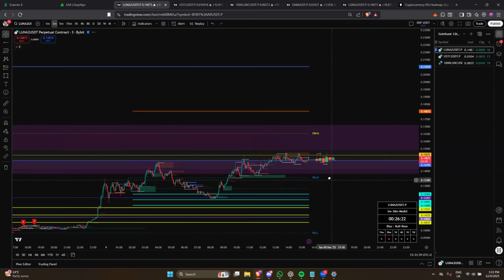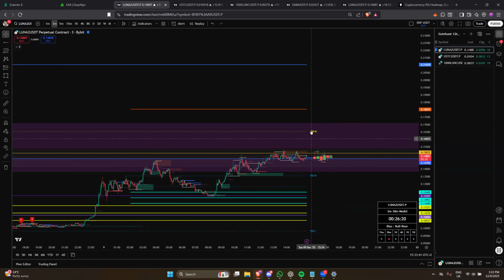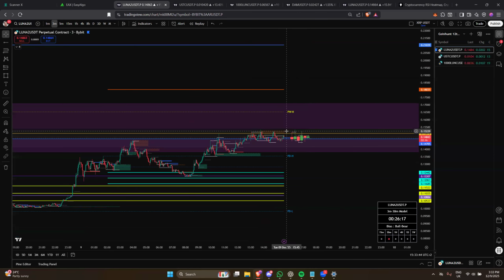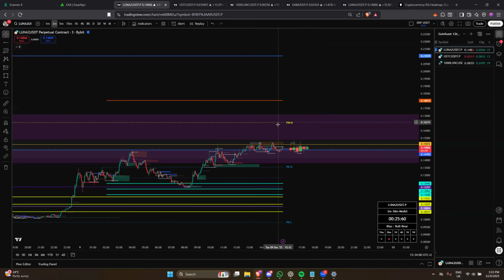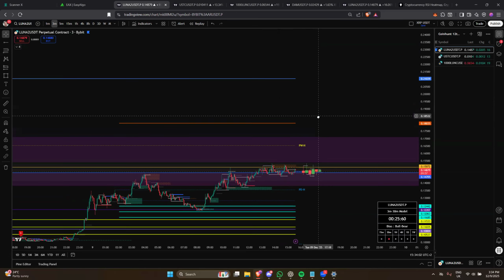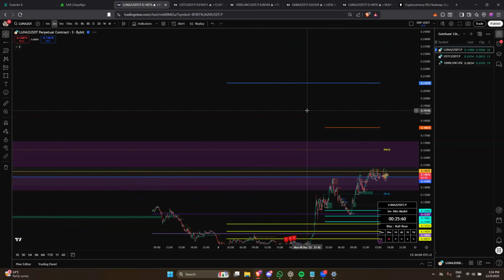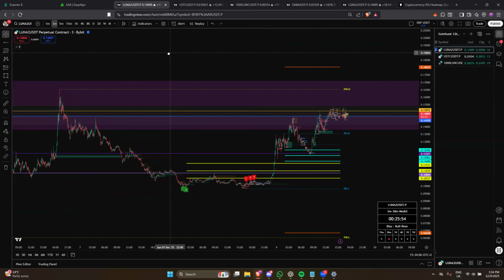So on the lower time frame right now, you can see price tapped opposing, broke opposing, tapped opposing, broke opposing on your high time frame. So that's a very, very strong indication of price reaction, just above a flip level, with the flip level above, and also a previous week high above it as well.